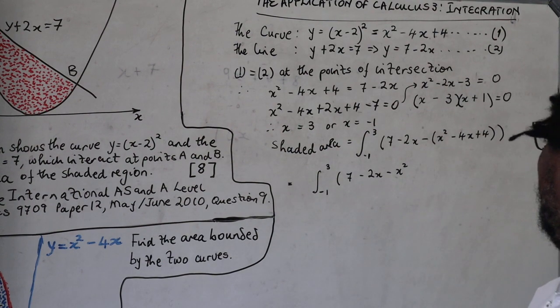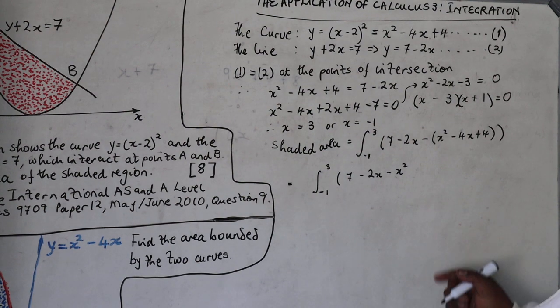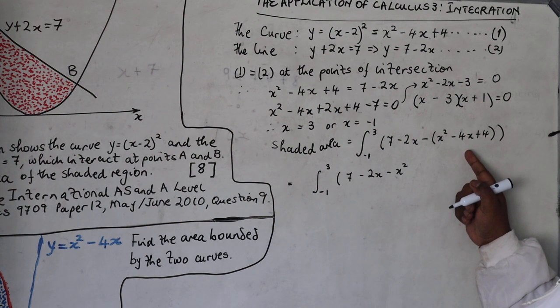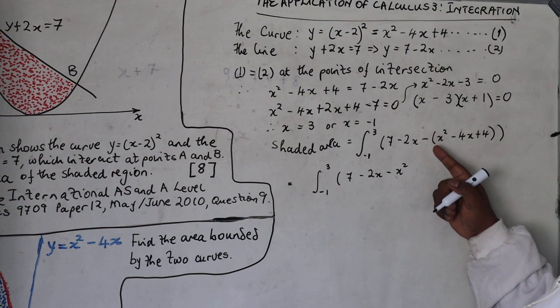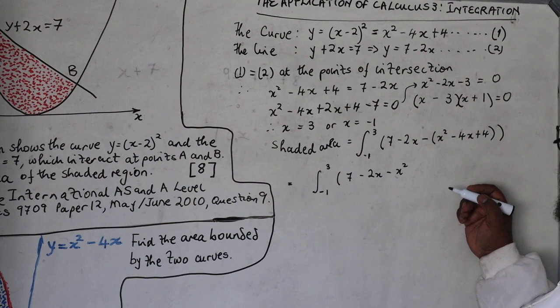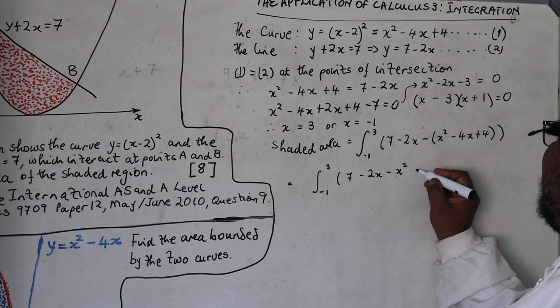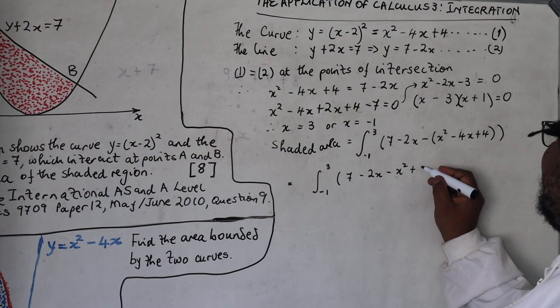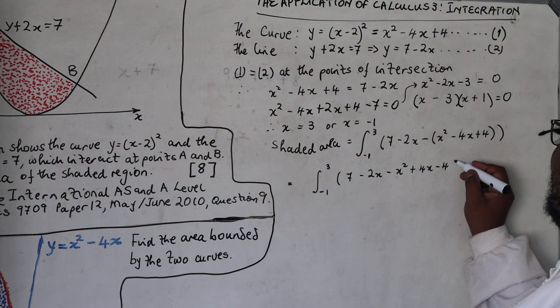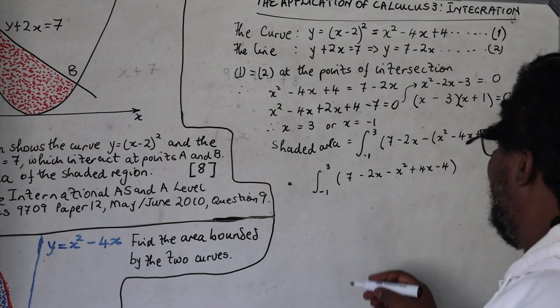We remove the inner brackets, and we notice that there is a minus 1 before x squared minus 4x plus 4. And when we open those brackets, we multiply through by minus 1, which gives us, this becomes plus 4x, and that becomes minus 4 brackets.